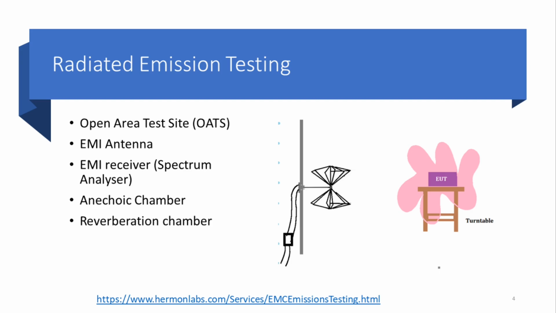Therefore, every electronic equipment must undergo emission testing in order to keep the electromagnetic environment clean and usable for other licensed applications. The emitter in these types of tests is the equipment under test, which is generally called EUT.